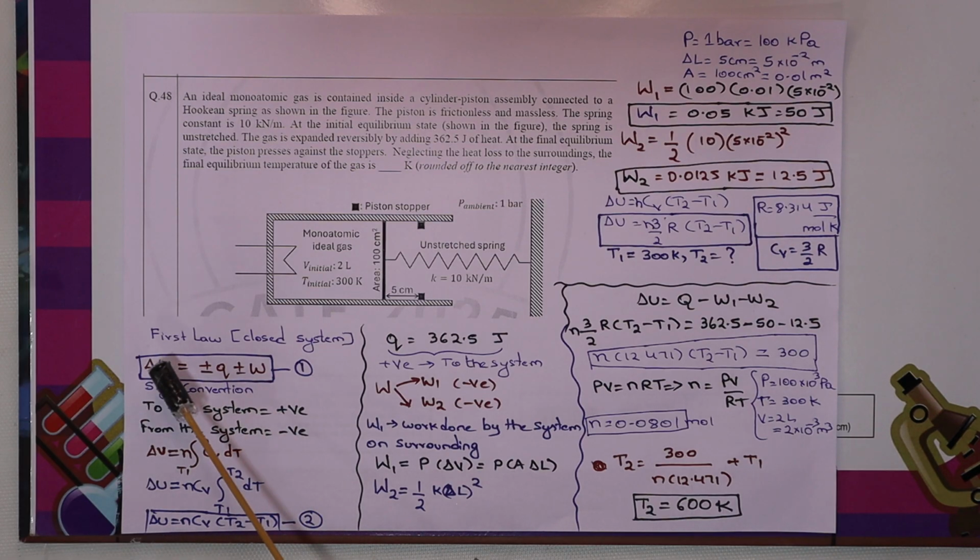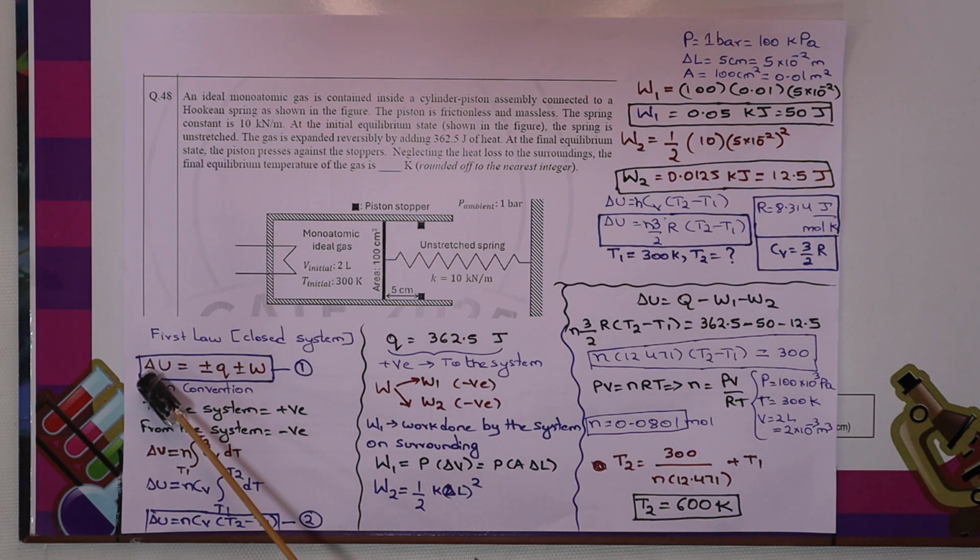What is the change in internal energy? For an ideal gas, the change in internal energy for a closed system is taken as n Cv dT, because for an ideal gas Cv is constant, it is not changing with temperature, so it comes out of the integration. Delta U is nothing but n Cv integral from T1 to T2 of dT. T1 is the initial temperature, T2 is the final temperature. So delta U is equal to n Cv (T2 minus T1).